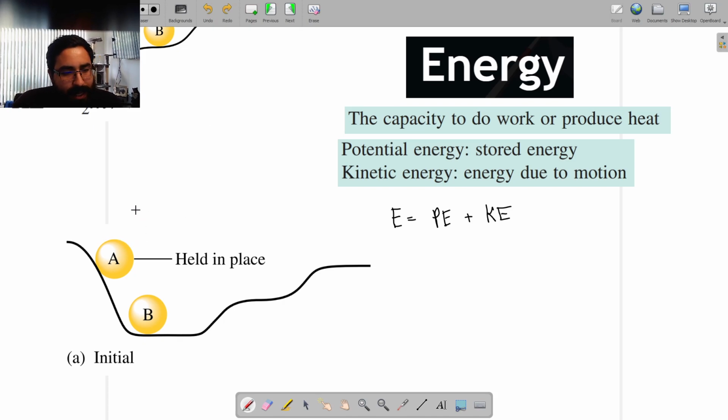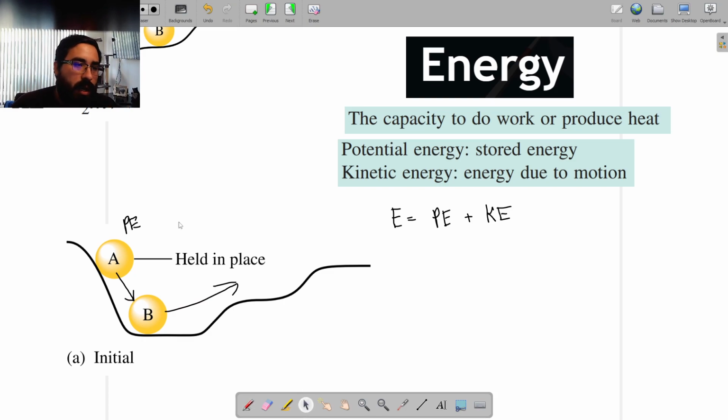Now, let's think of this object, right? This object is high up in the hill, so it has a lot of potential energy. Now, let's say it begins to roll down the hill. Well, now it's moving. So it loses that potential energy because now it's not as high as it once was. And it starts to move, so the kinetic energy goes up. All right, and then let's say eventually this hits this ball and it brings this ball upwards.